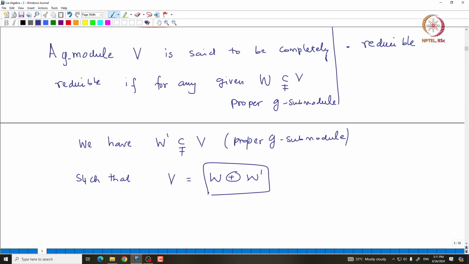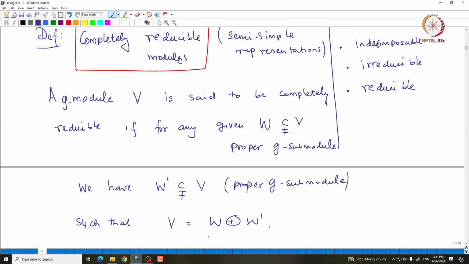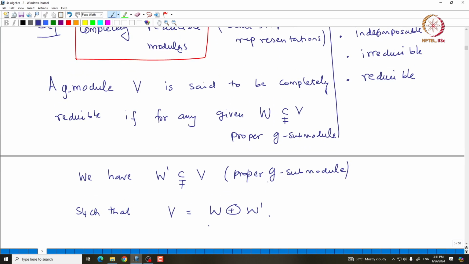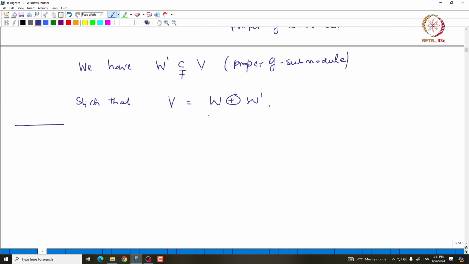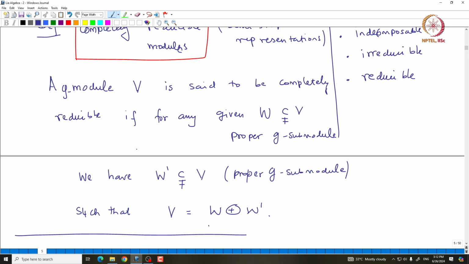So, we are going to define the notion of direct sums. Once we know what the direct sum of modules is, then indeed it says V is the direct sum of W and W dash, and this should be true for all proper submodules W in V. There are actually many different definitions of complete reducibility available in the literature, and one can prove that all those definitions are equivalent.